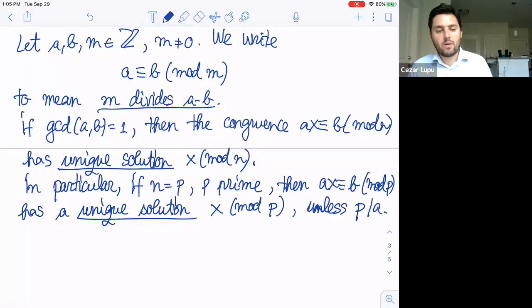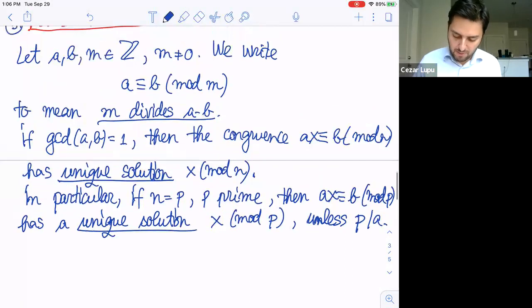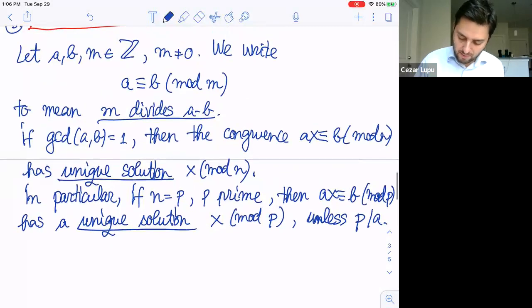So this means that the arithmetic modulo p is a field. We will learn this in a number theory course. This is important. And now I'm going to veer towards some theorems which are very, very important.